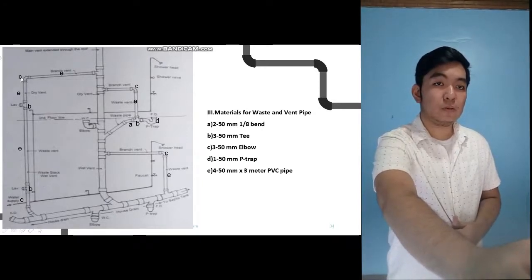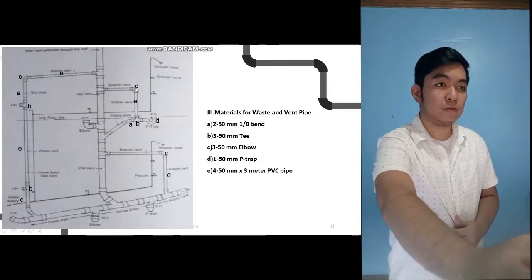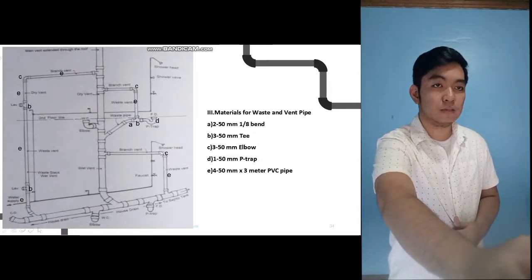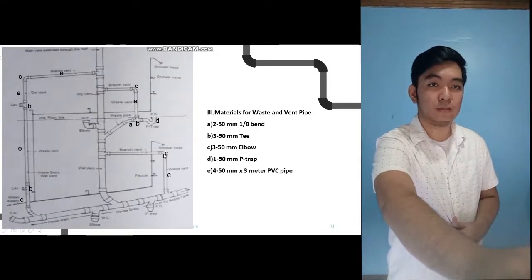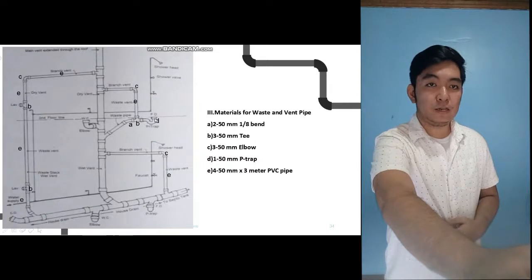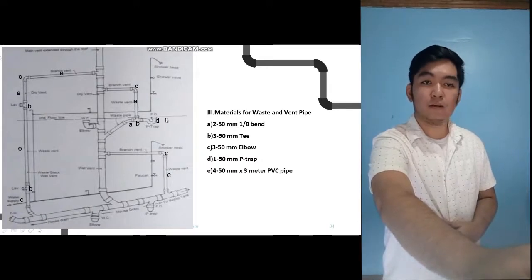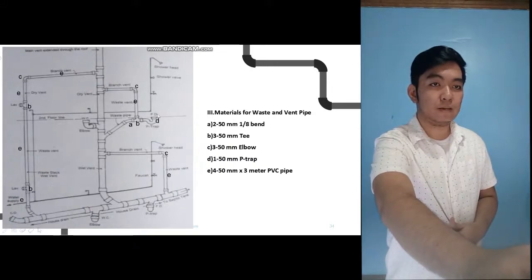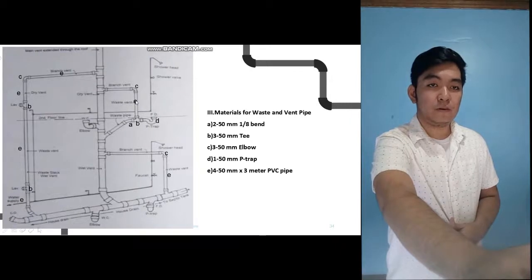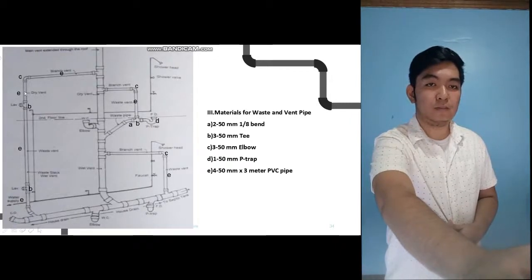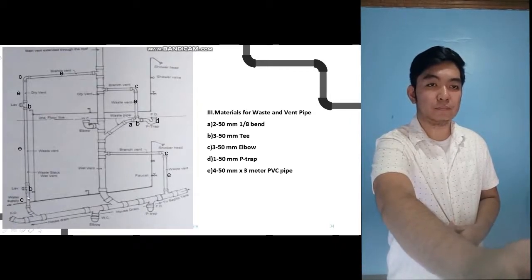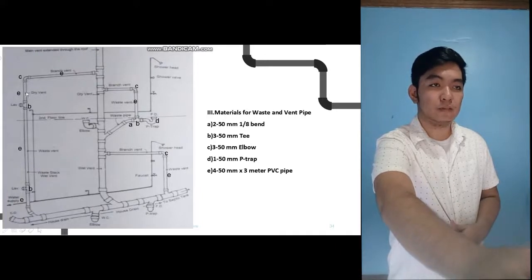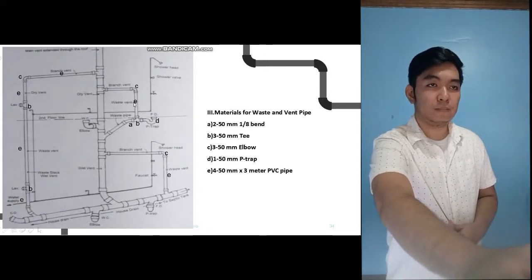Sa C, kay tulo ka buok na 50 mm elbow, 1 2 3 mao na siya kanto-kanto. For D, kay naa tay 1 piece na 50 mm P-trap. Letter D, kani dire P-trap na siya. And lastly is for 4 piece na 50 mm by 3 meter PVC pipe. Kani letter E, kana PVC pipe na siya tanan.